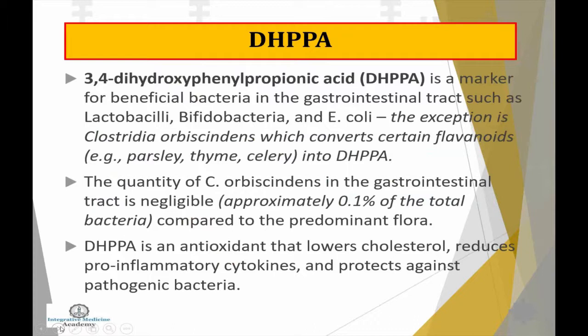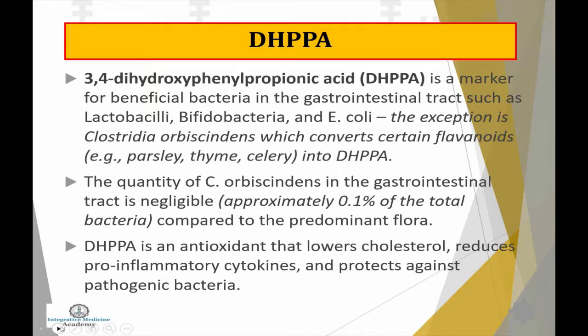There is a Clostridia bacteria that produces it, but it's usually found at a very, very low percentage. Turns out that DHPPA actually is an antioxidant and has been shown to lower cholesterol. So it actually looks like it has some beneficial roles in the gut, as opposed to being a marker of an infection.